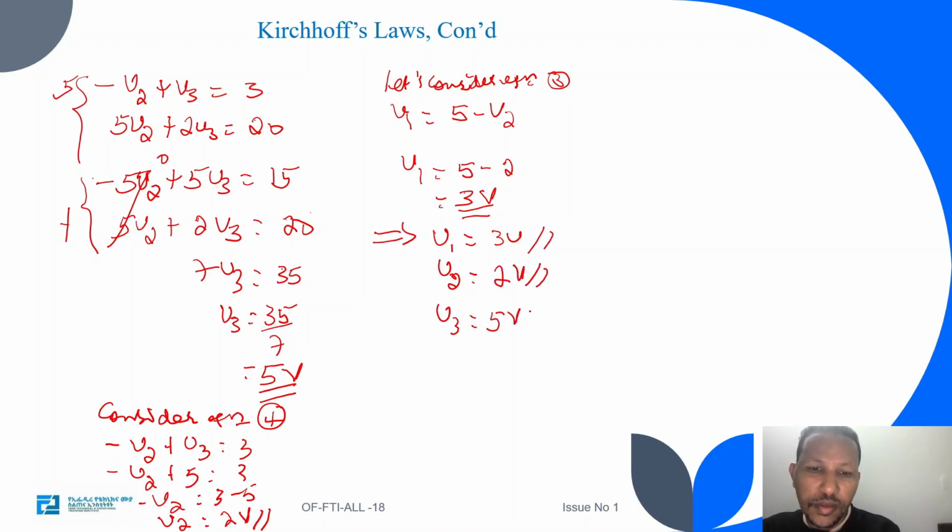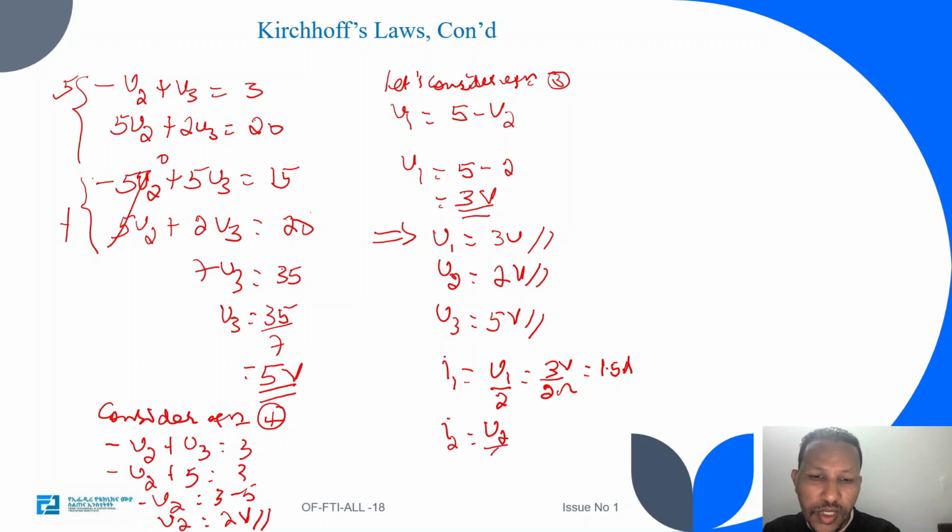Now let's find the currents. I1 is equal to V1 over 2 ohm, which is 3 volt over 2 ohm, which is equal to 1.5 ampere. I2 is equal to V2 over 8 ohm, which is 2 volt over 8 ohm, which is equal to 1 over 4 ampere, which is equal to 0.25 ampere.